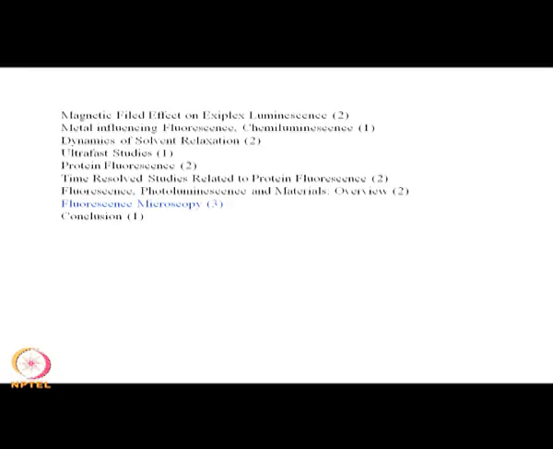So that we have talked about, and then various types of studies we also talked about in fluorescence microscopy. We gave many representative examples, and also a detailed account of these various parts, in the sense that we tried to give you an overview of a fluorescence microscope and its modification.